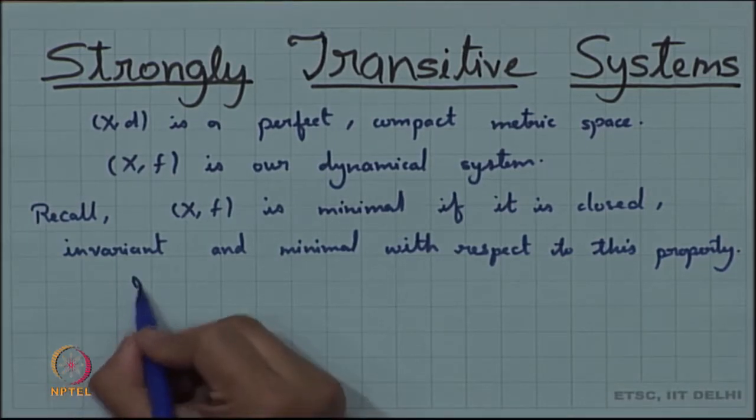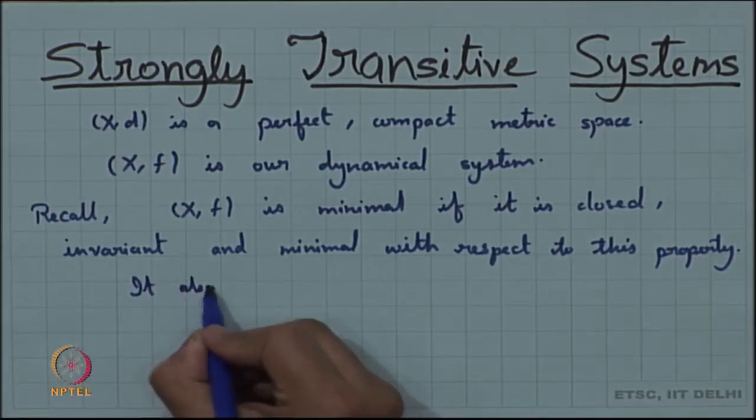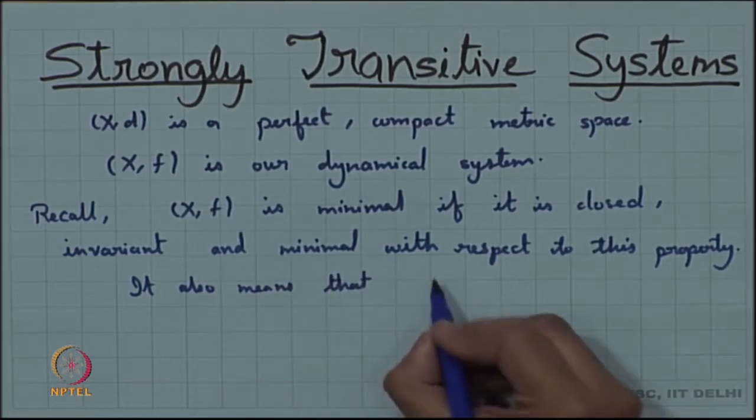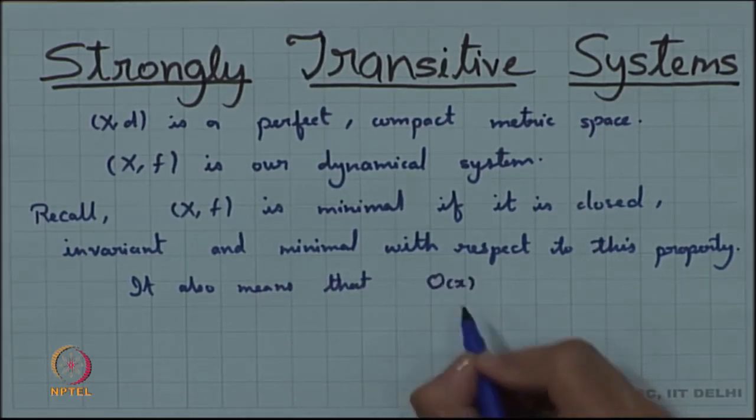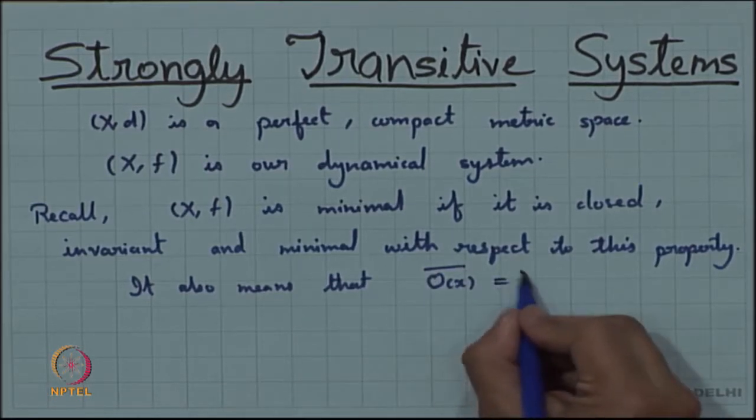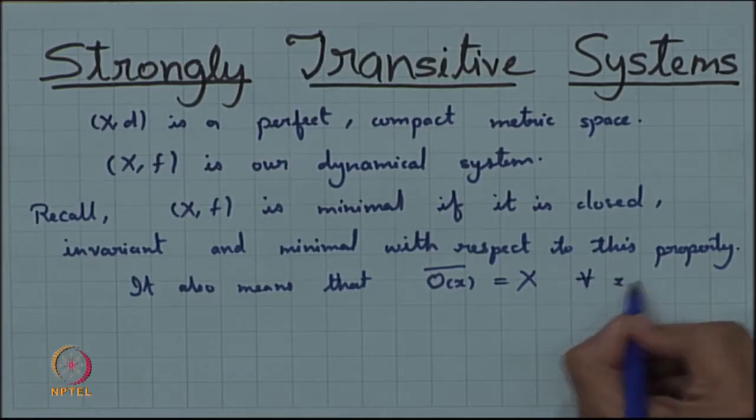It also means that you take any x and take the closure of its orbit, then that is equal to X, for every x in X.